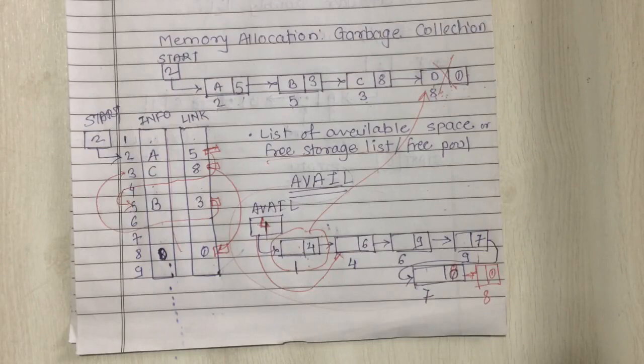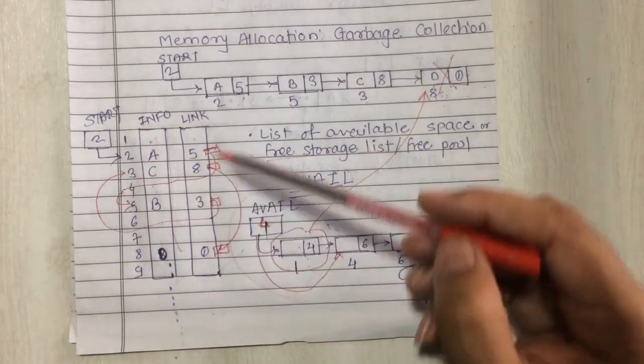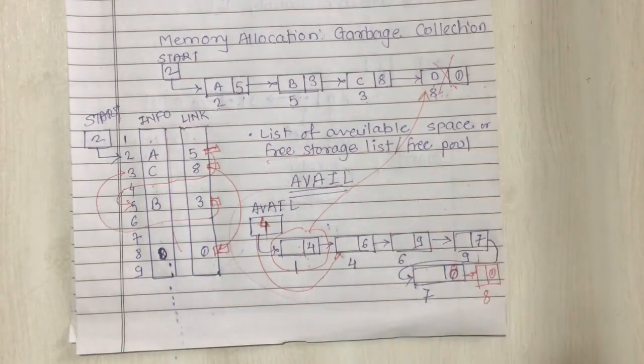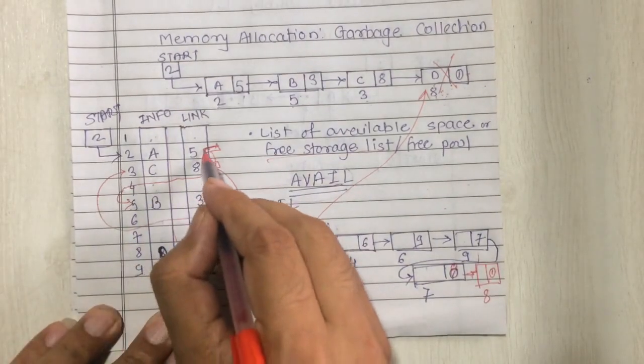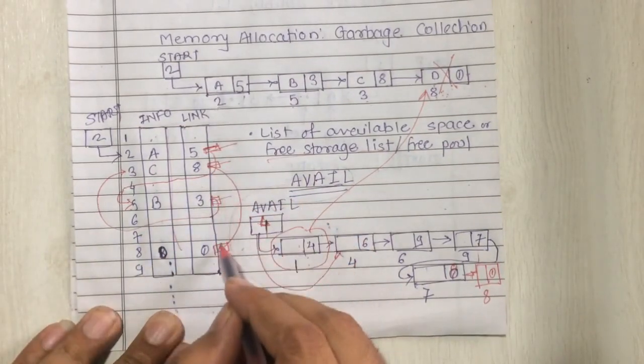In the first step, the computer or operating system runs through the list, and while running, it tags the used memory cells or used nodes. These we are using now, so the tagging is provided to these nodes.